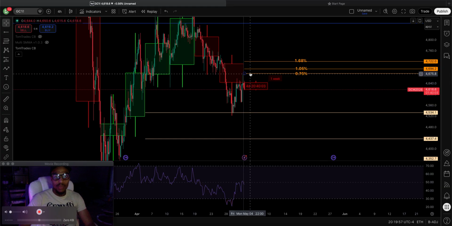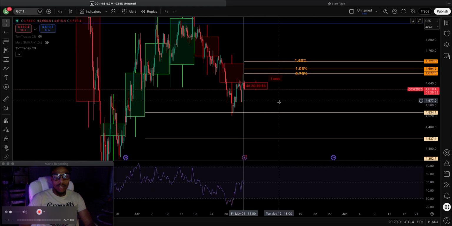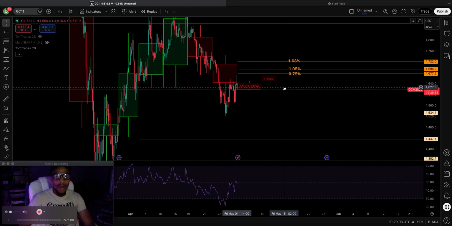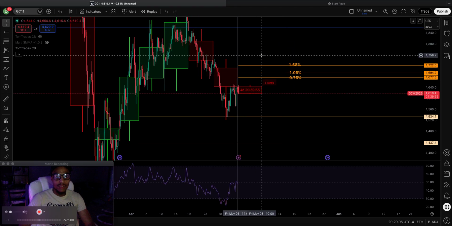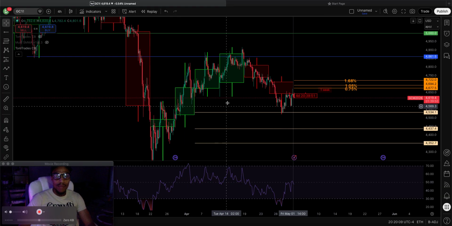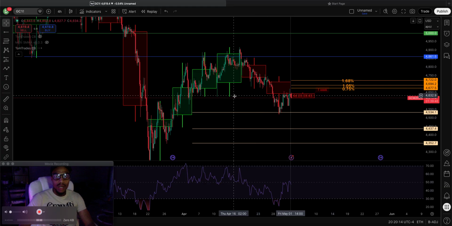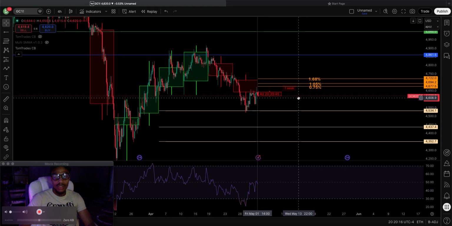So I expect price to push up into one of these levels, make some kind of break of structure, and then start pushing back down lower, unless it flips and closes back bullish. But after price came up into the zone, couldn't break this range right here, and did all this, that's a clear down direction. So yeah, I'm bearish on gold.